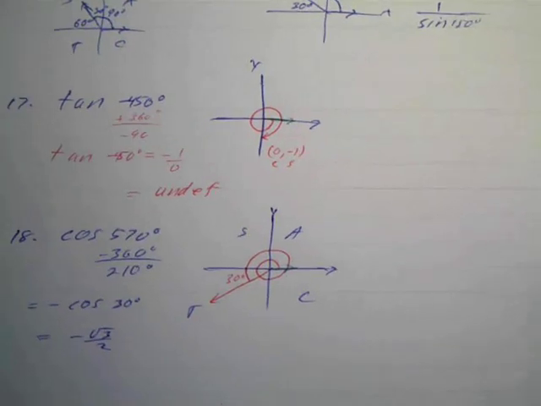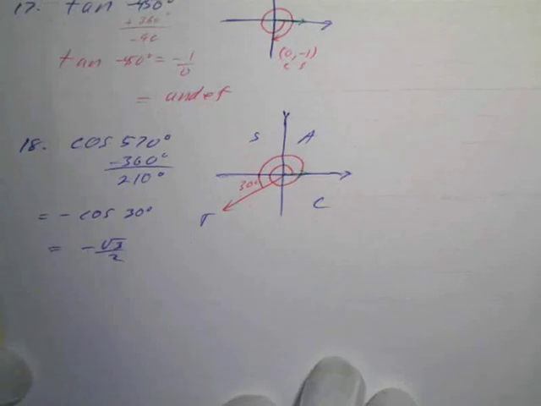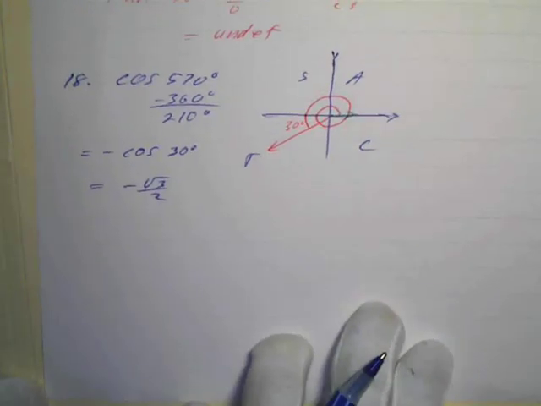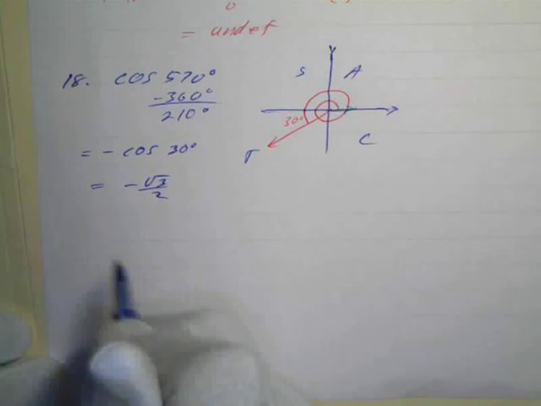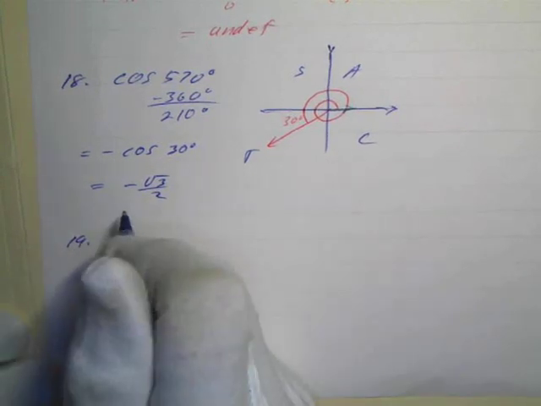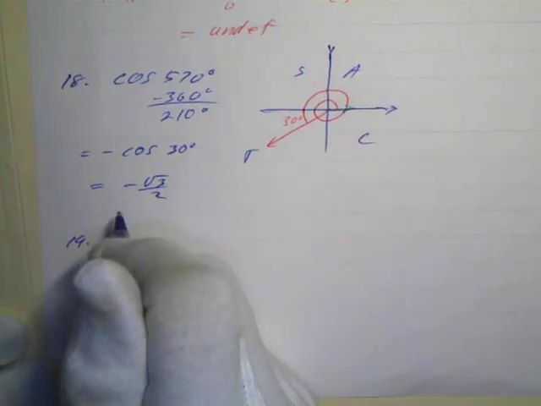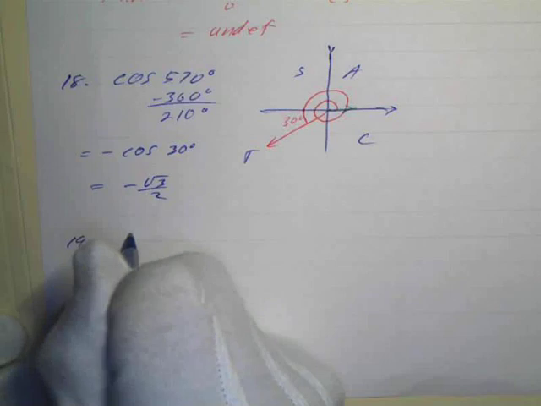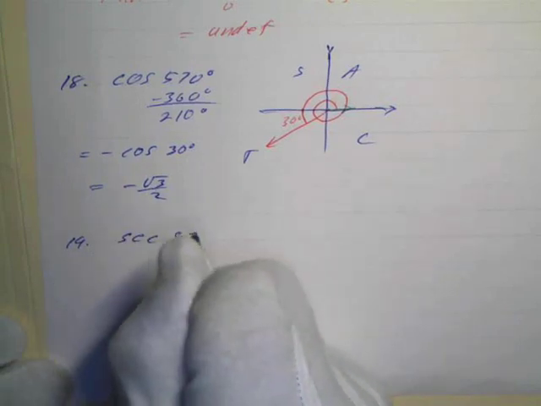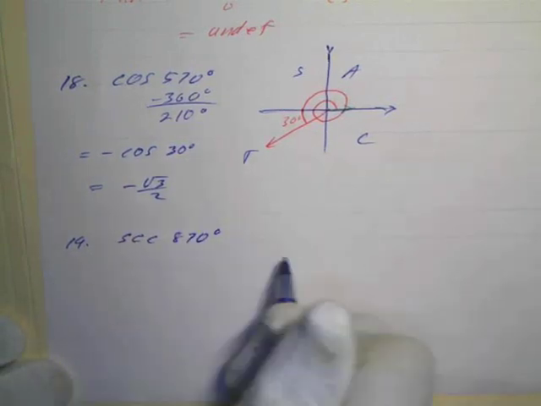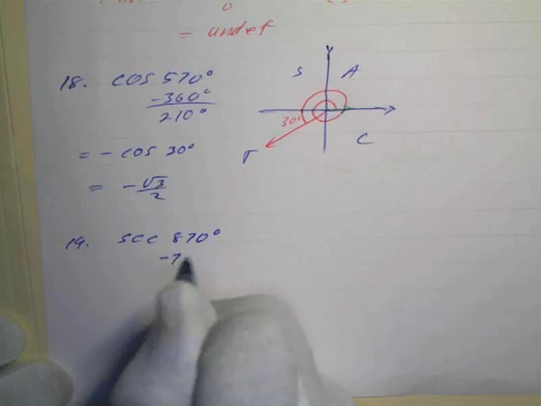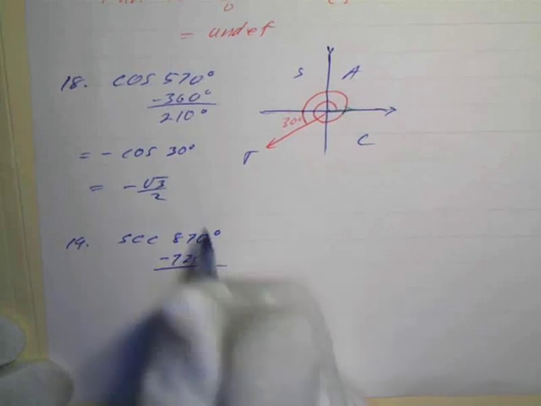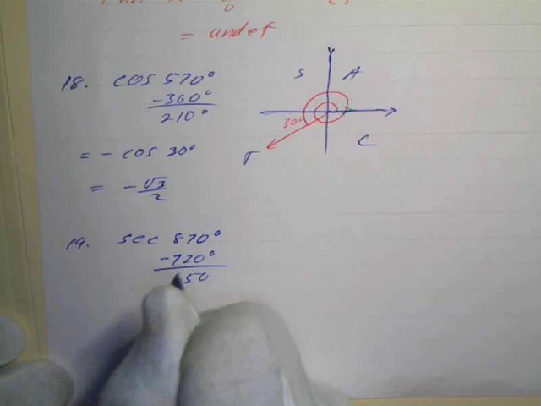And number 19. Secant of 870 degrees. So that's going to go 720 all the way around twice. So I'm going to subtract 720 from that, and I have 150.